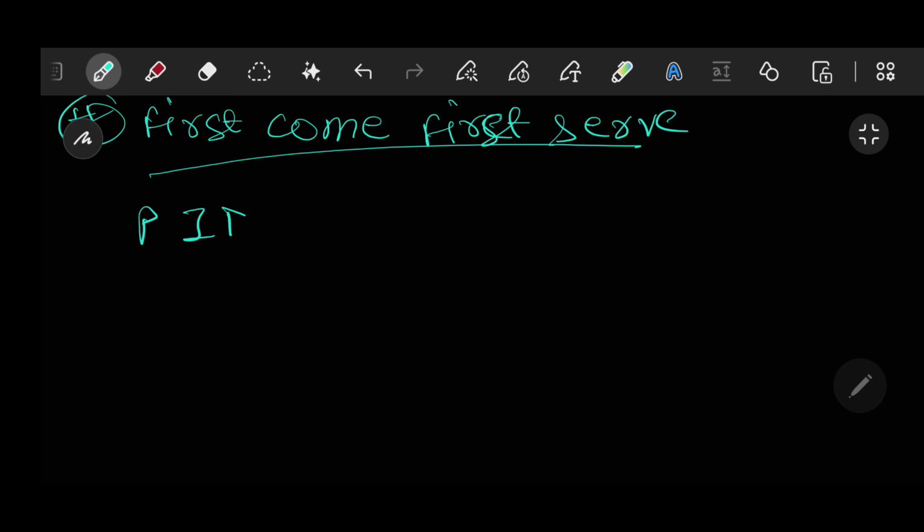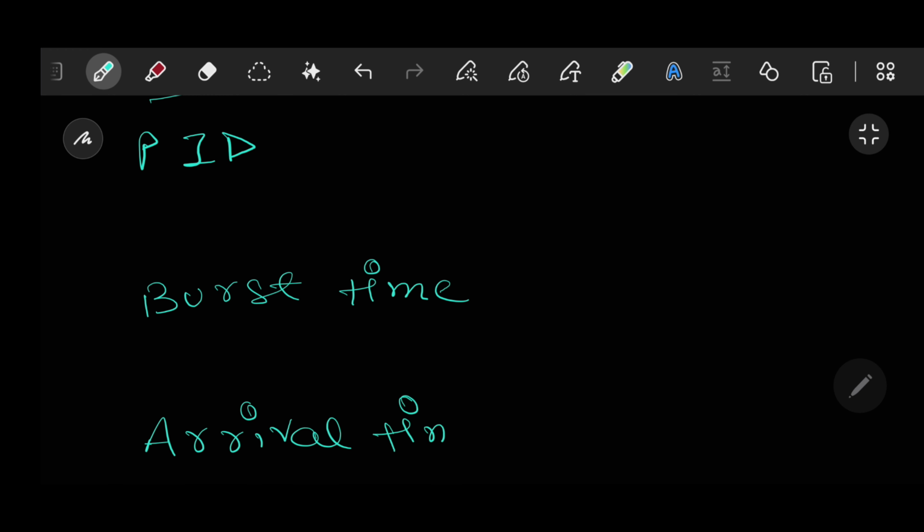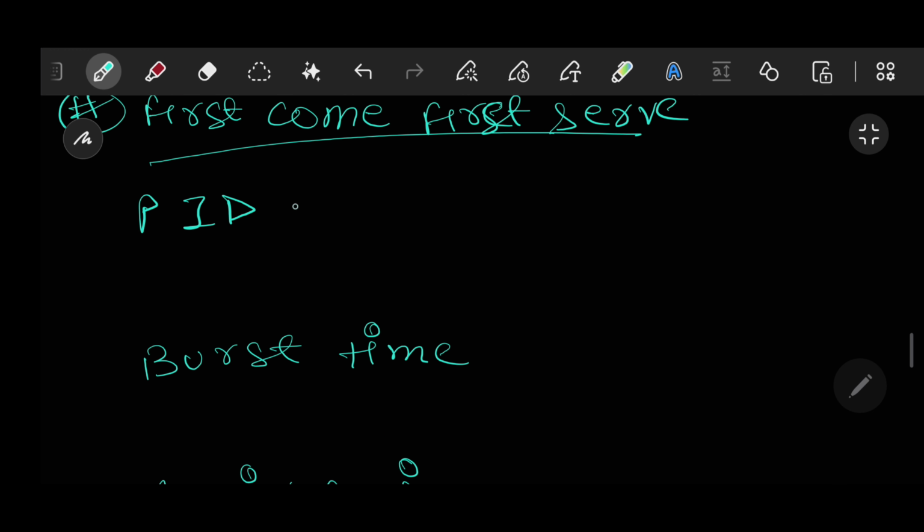That is PID, which is process ID, burst time, and arrival time. Process ID: the OS identifies every process by a unique number known as its PID. It is just how different processes are identified by the operating system.